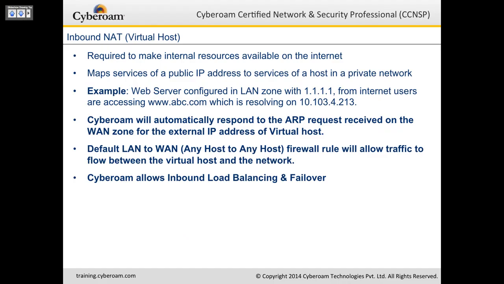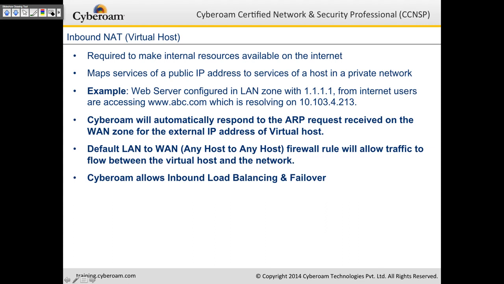So virtual host. You're required to make internal resources available on the internet, as I showed you via the diagram, and it maps services of a public IP address to services of a host in a private network.